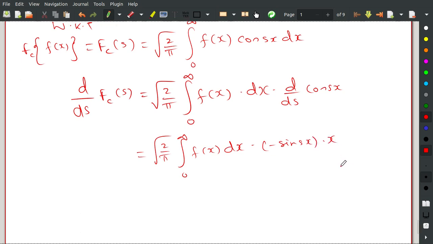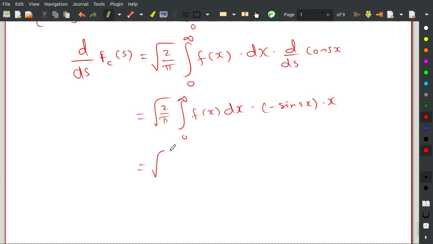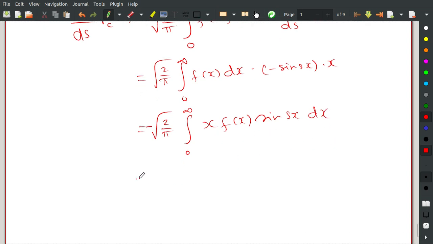Okay, and therefore we have root 2 by pi integral 0 to infinity, with a minus outside, x f of x into sine sx dx. Okay, and this is nothing but minus of the Fourier sine transform of x f of x, right?